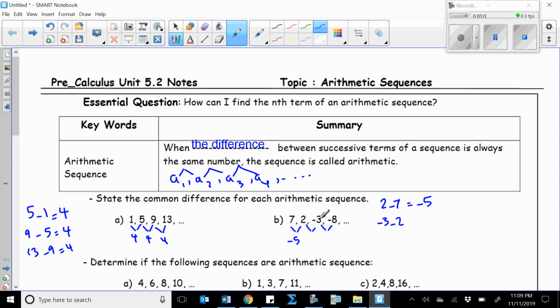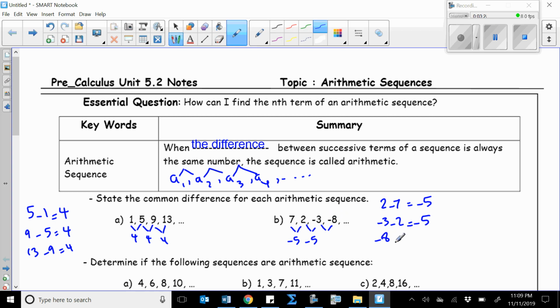Now, negative 3 minus 2 will also equal negative 5. The next one, negative 8 minus negative 3. So we are subtracting negative 3 from negative 8.